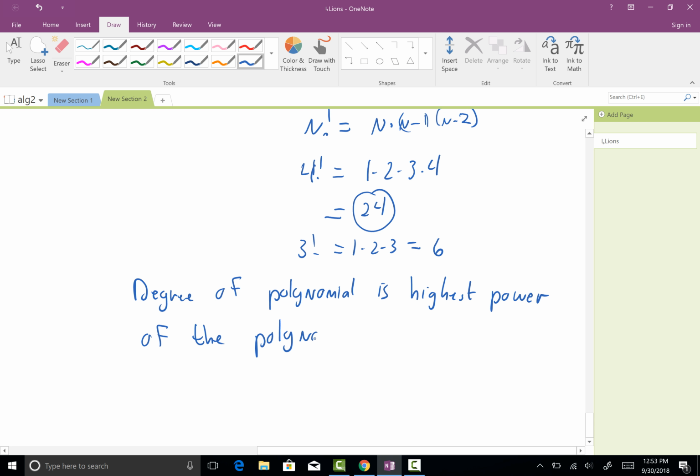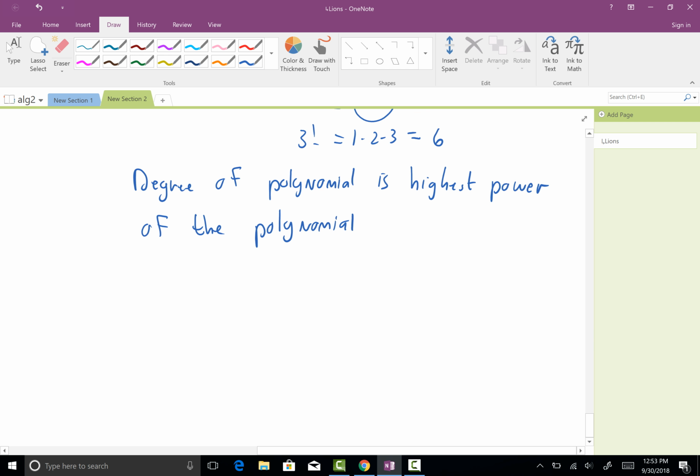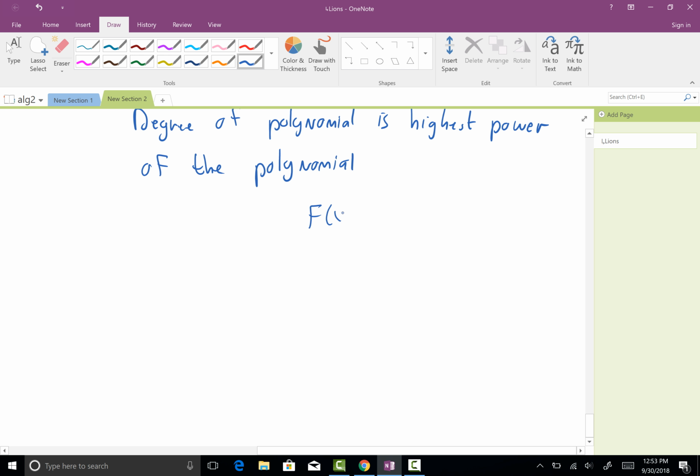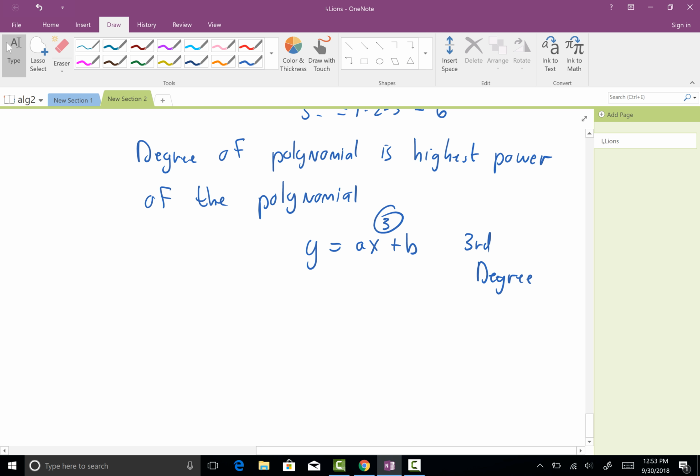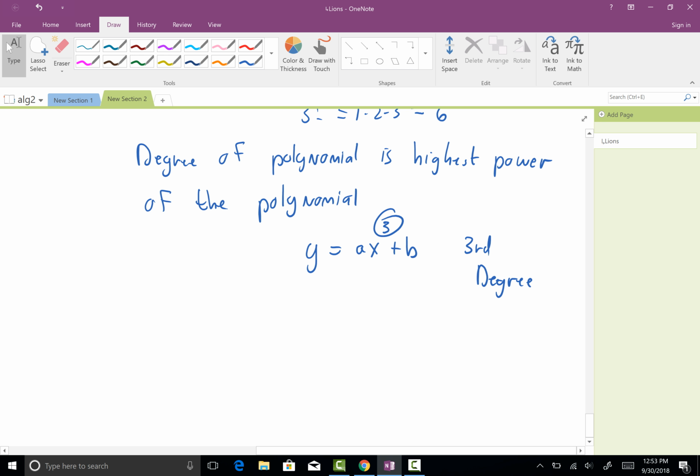So in our case, the polynomial was pretty straightforward, right? I just said they were going to be, well, that's a symbol for functions, but we didn't really do much with that yet, so let's just go y equals. This would be a third degree, because that's the highest power. Okay. 2 was a second degree, and 4th was a 4th degree. So the set of differences tells us what kind of polynomial it is degree-wise, with powers.